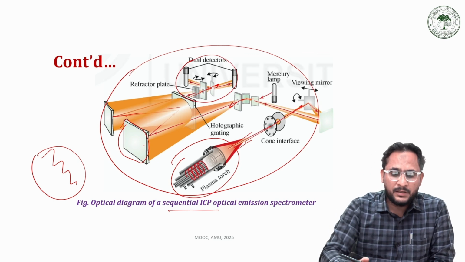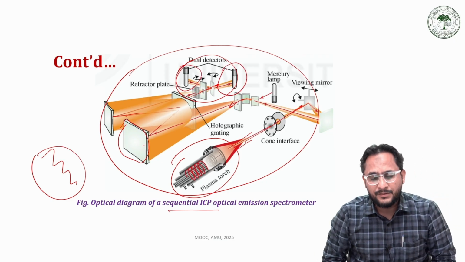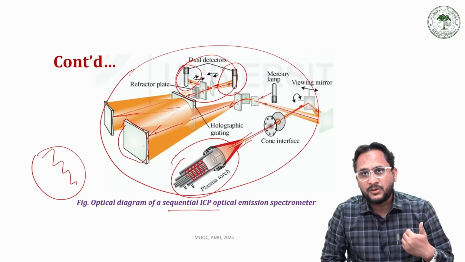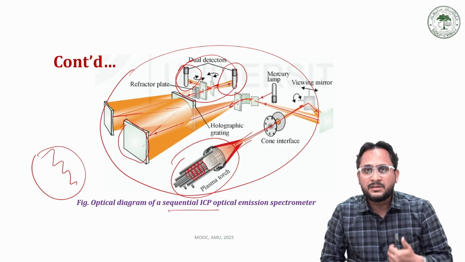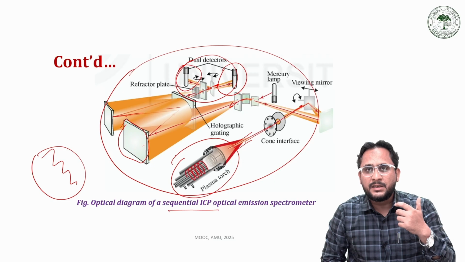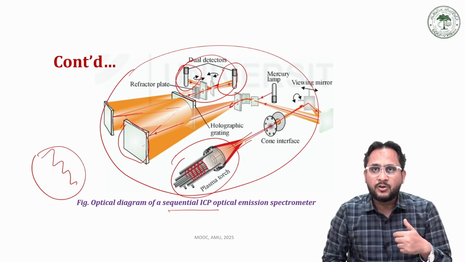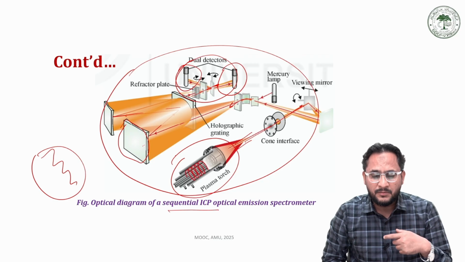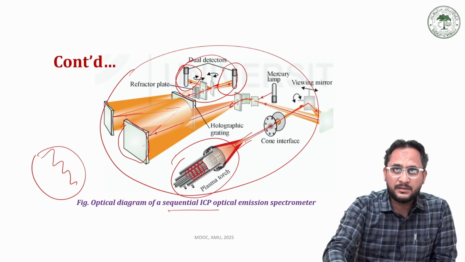Sometimes we use a dual detector for even more reliable analysis. For the second sample, for the second element, we again carry out the same procedure. The sample is being injected into the atomizing source from the spray chamber, and then in this atomization and excitation source, means the plasma torch, the sample is excited. Again we have some light radiation.